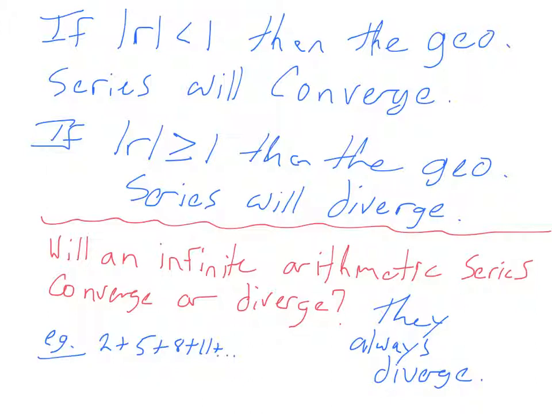A large portion of BC calculus will be devoted to studying all these other types of series: do they diverge, do they converge? You're going to have to know a whole lot about a whole lot of different types of series because they all behave differently. But whether a series diverges or converges becomes a really important question in calculus. And this is your first example of a divergent example.